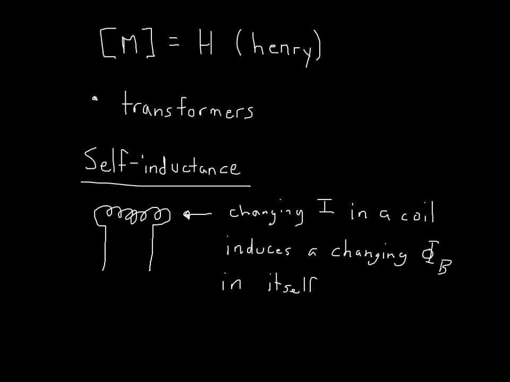And we can calculate this as well. The changing magnetic flux that we get inside of a coil of wire is going to be equal to this letter L times the current in that wire, where L is something called the self-inductance. We can do this algebraically if the problem or application is simple.